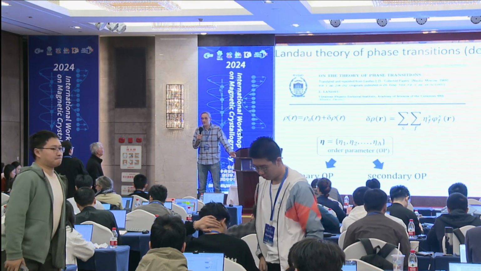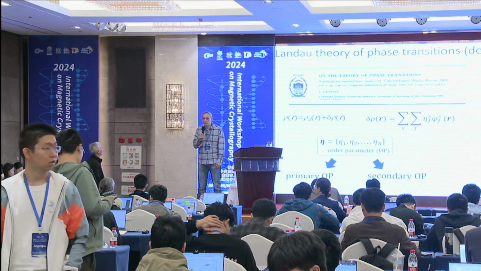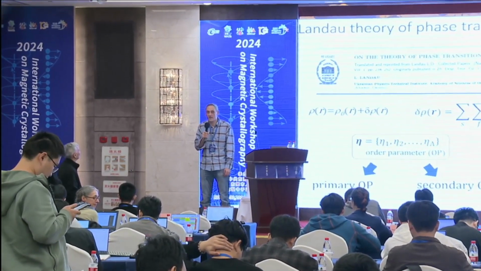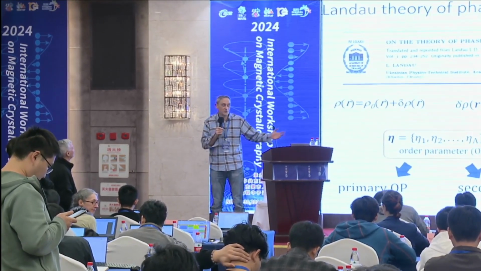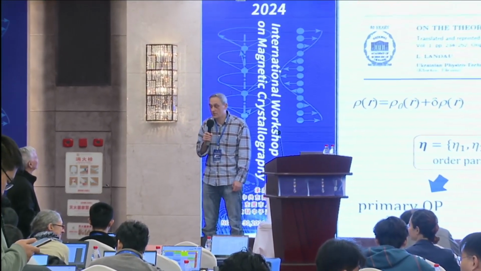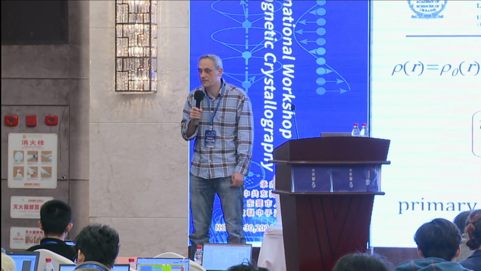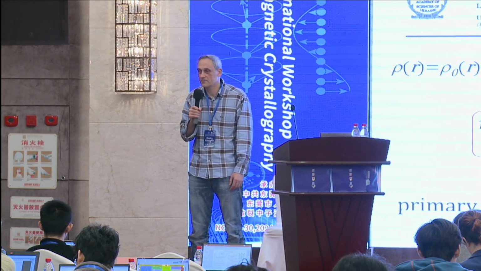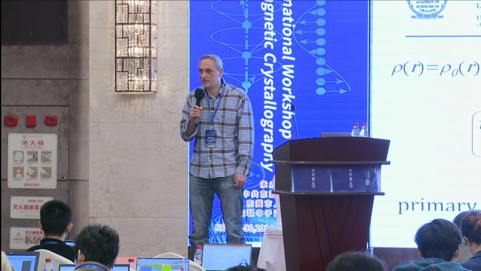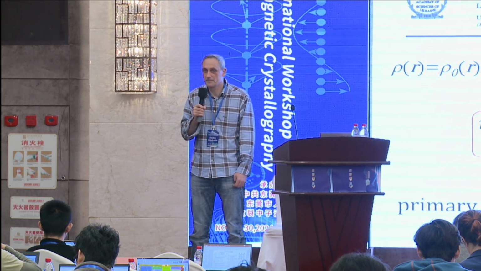If the scattering experiment confirms that you have some modulated magnetic structure, and it satisfies the conditions for a skyrmion, which I'll show you, then you can probably claim that this effect comes from the skyrmion. Okay, thank you.